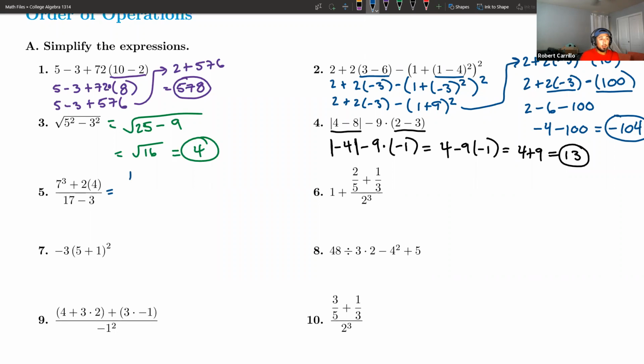So you get 343, and we can multiply the 2 and the 4, and we get 343 plus 8. Down in the denominator, we can do 17 minus 3, which gives me 14. Then 343 plus 8 gives me 351 over 14.